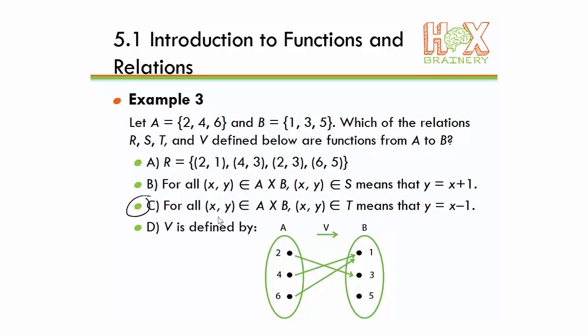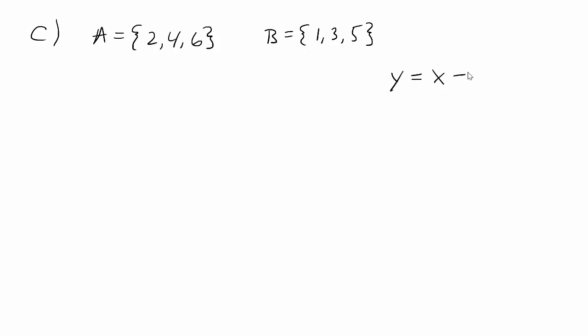Part C, for all ordered pairs (x, y) in the Cartesian product, the ordered pair (x, y) is in T means that y is equal to x minus 1. So for this one, I'm going to go ahead and write it out like we did the last one. A contains 2, 4, and 6, and B contains 1, 3, and 5, and y here has to be equal to x minus 1. So y has to be 1 less than x.